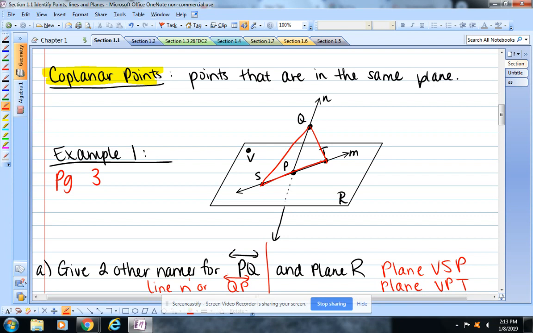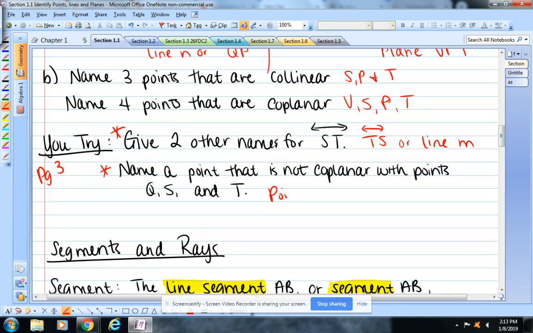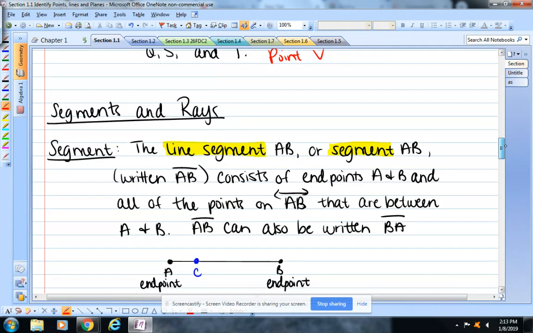Y'all see that? So what would be a point that's not in that plane? Point V. Does that make sense after you draw it like that? So if a plane is not drawn, you can draw the plane. Just connect the dots. So that would be point V. Did anybody get that by themselves? Geniuses. Good job.